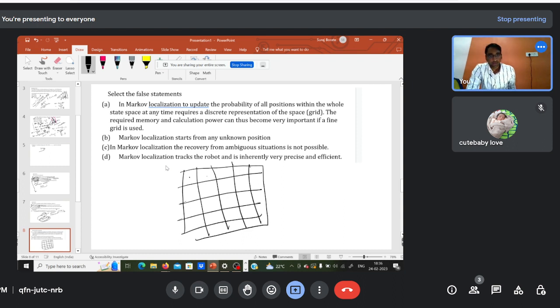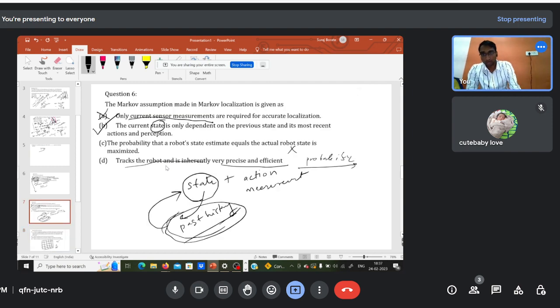Let's say this is a 5 cross 5 grid, so there are 25 cells in total. Initially, if you don't know where the robot is, then the probability of each grid cell is 1 upon 25. And if the grid cells are more, then we need a lot of memory and calculation power. So that is true.